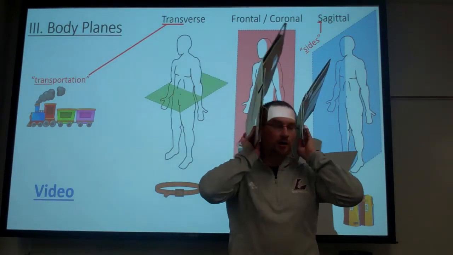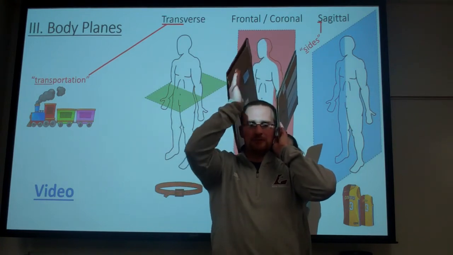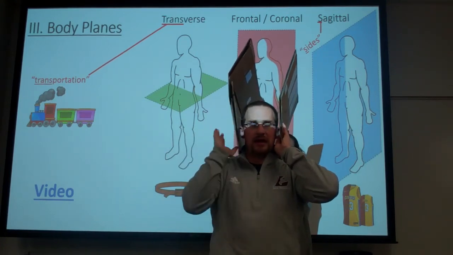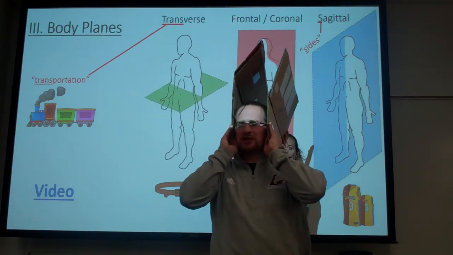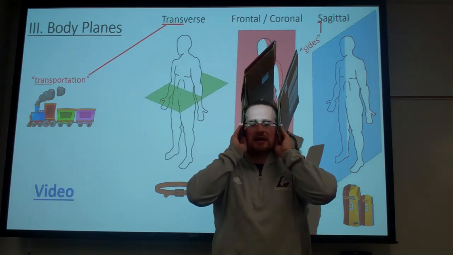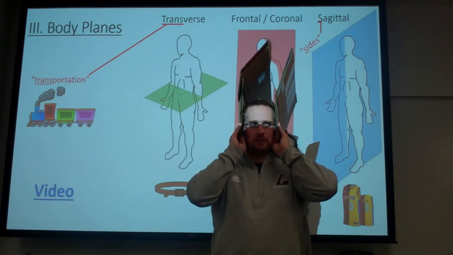All right. So right now I'm in a sagittal plane hallway, because these planes divide me into two. Now if I'm in this really tight sagittal plane hallway, can barely get my head in here, what direction can my head move?